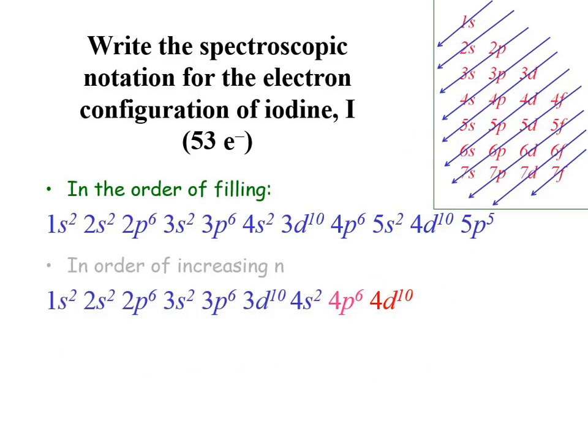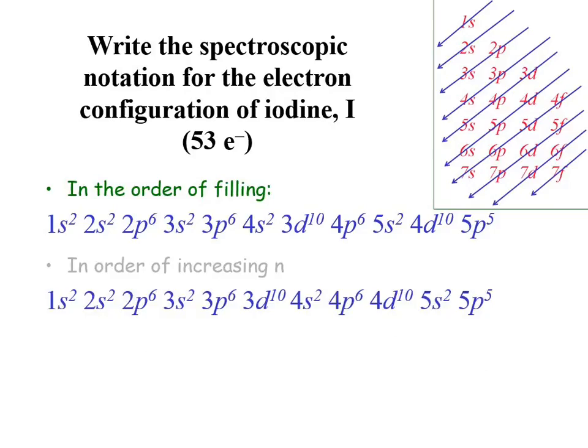Increasing n: 1s2, 2s2, 2p6, 3s2, 3p6, 3d10, 4s2, 4p6, 4d10, then 5s2, 5p5. Bingo! So we just kind of unscramble it.